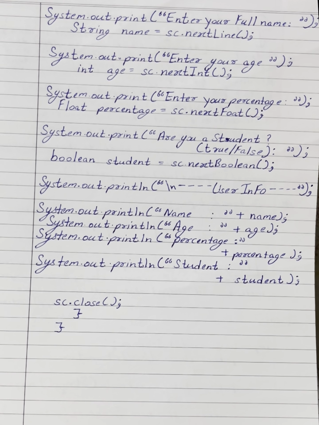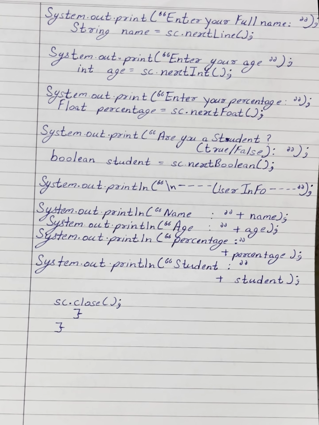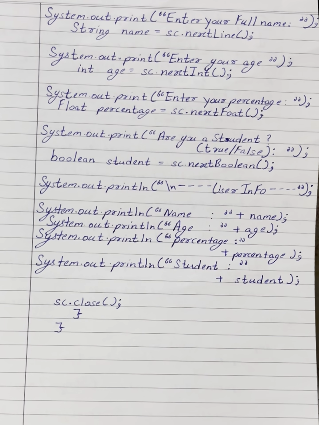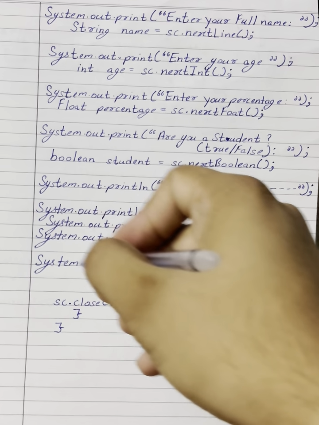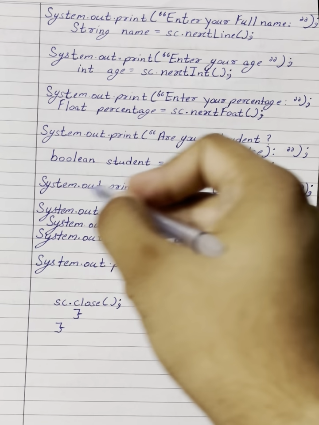And finally we reach this code, where the nextBoolean method reads true or false and stores the value in the student variable. After that we display a heading by writing System.out.println user info. This will be the heading, and then we display all the information using the System.out.println method.